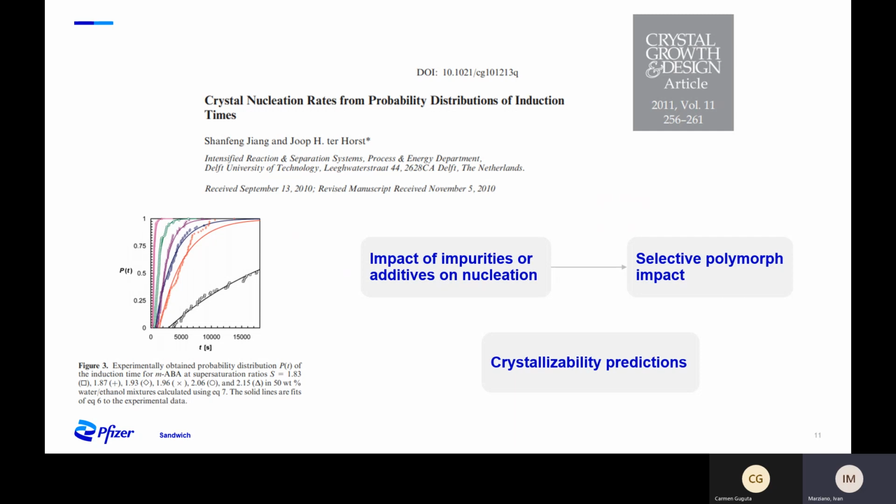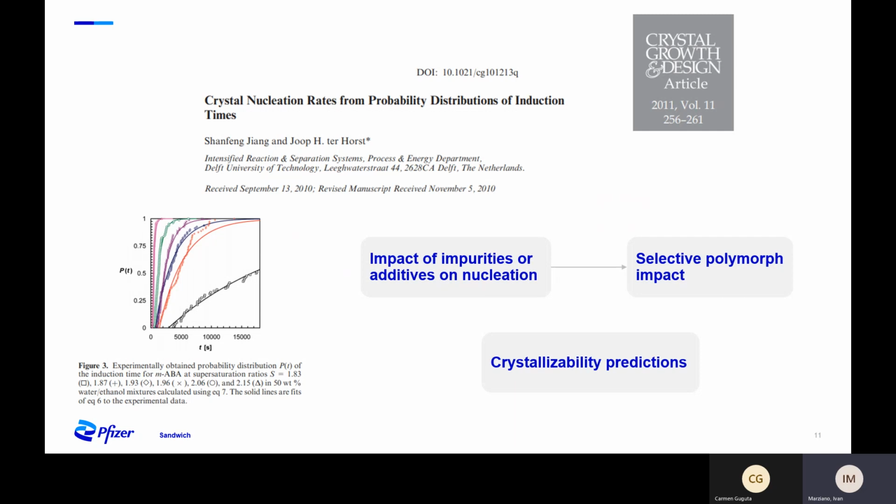But to me, obviously, it opens up several doors, and there are still practical questions that potentially can be answered using some of these methodologies and the Crystal16. So particularly around understanding the effect of impurities or additives on nucleation rates.